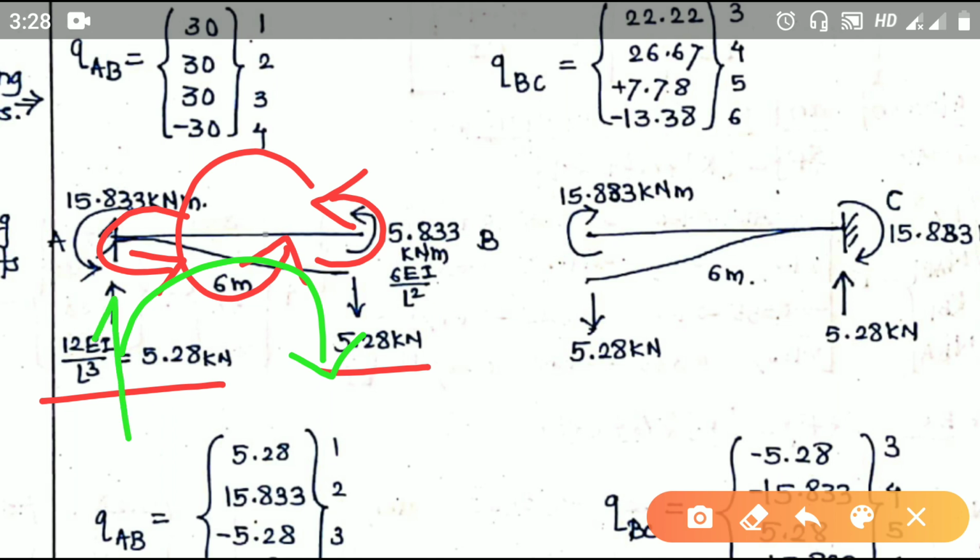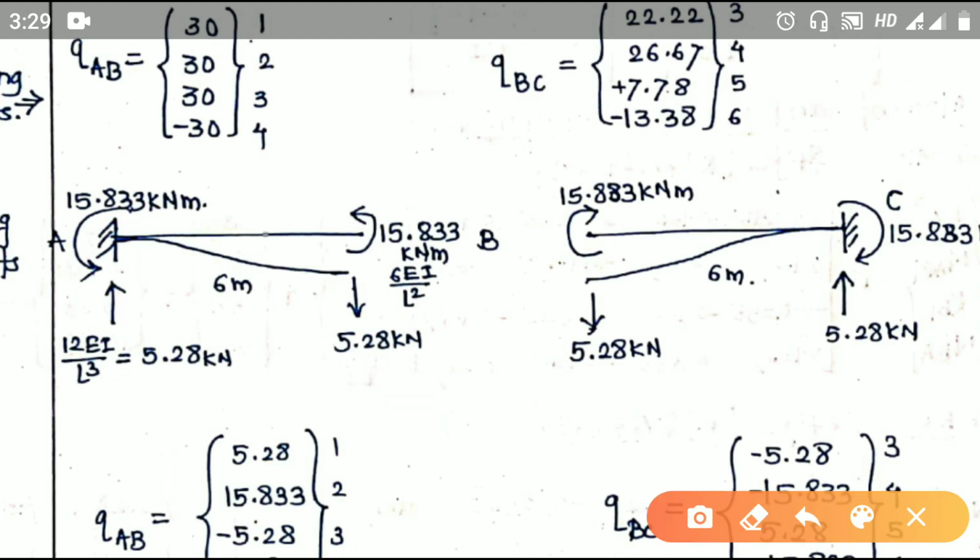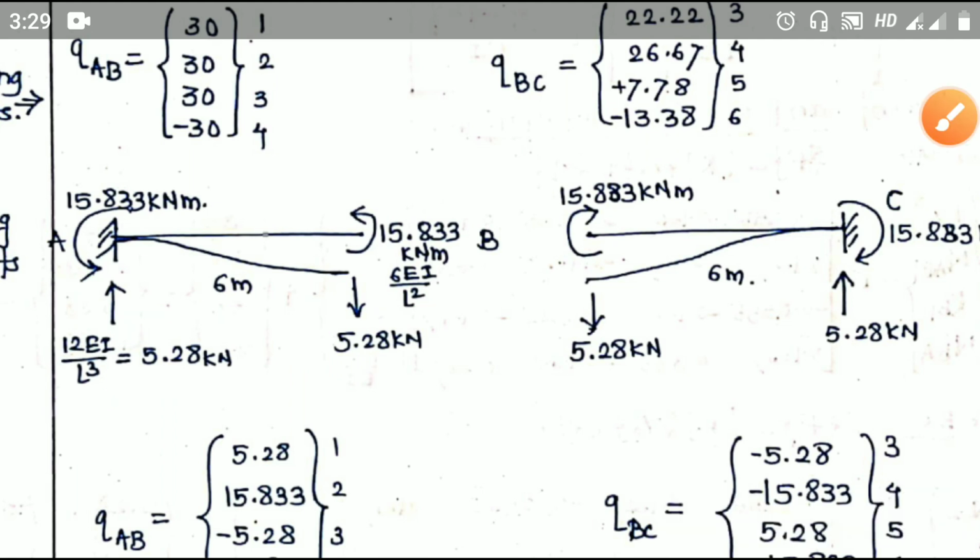Therefore this reaction is upward and this reaction is downward, whose magnitude is the summation of these moments divided by span. The summation of moment is 6 EI upon L square plus 6 EI upon L square, total 12 EI upon L square, divided by the span of the beam, that is again L. So 12 EI upon L cube is the magnitude of reaction.